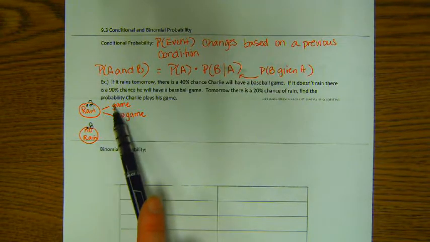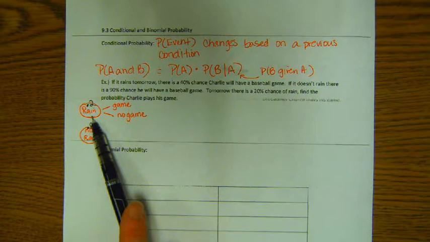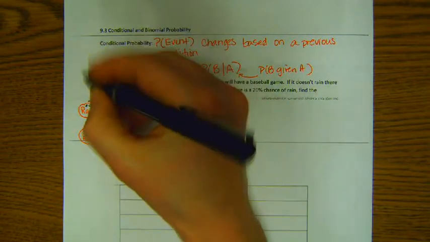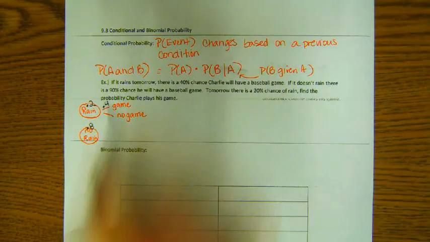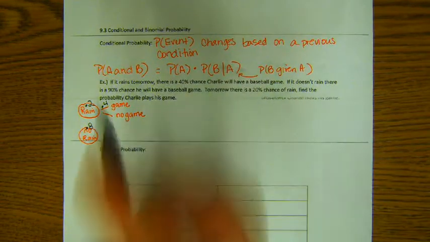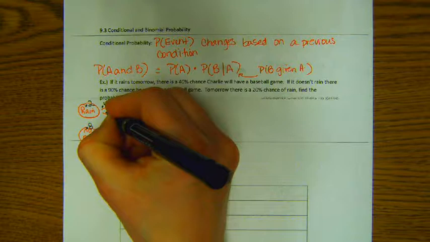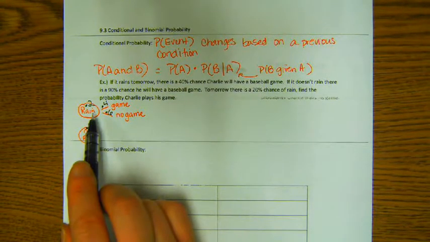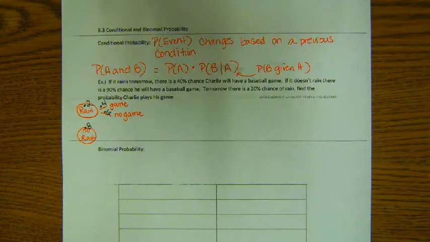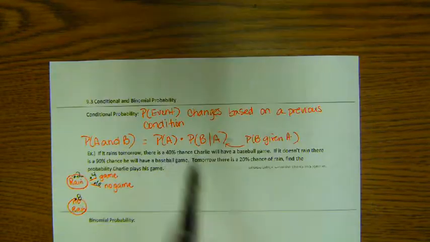Okay, so if it rains, in the problem it states what's the probability that Charlie will have his game. Yep, so what would that imply about the chance that he doesn't have a game? Yeah. But when you're doing, so I'm breaking it up based on that, but when I'm doing the complete probabilities, we have to multiply them together, and that's where this formula comes from.